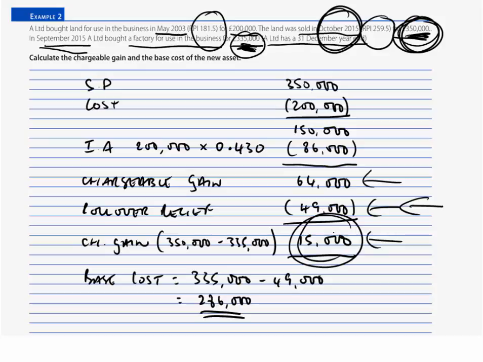We've already paid tax on the TTP. We'd have been paying tax at 20% on that £15,000 gain as part of the overall TTP, the taxable total profit. 20% of £15,000 means we'd have paid £3,000 of tax thereon. If a subsequent rollover relief claim is made, then for the year ended 31st December 2015, we would now be able to make our further claim and reduce that tax by £3,000.